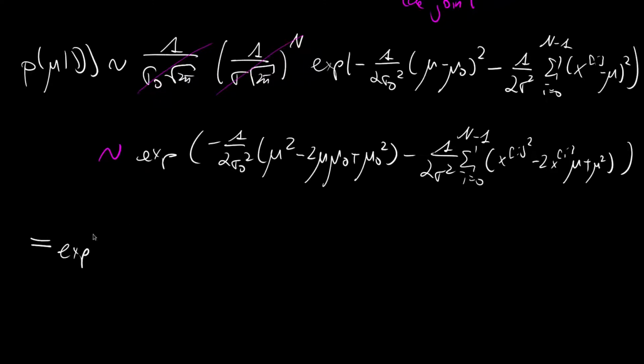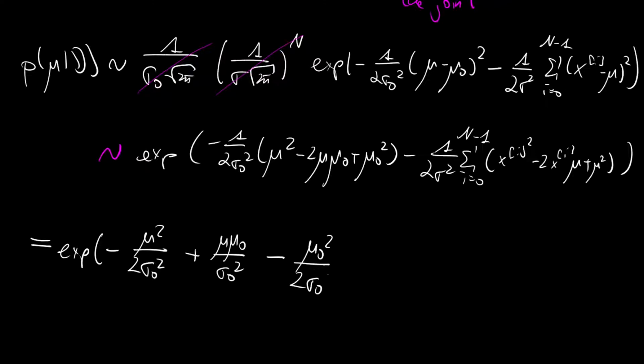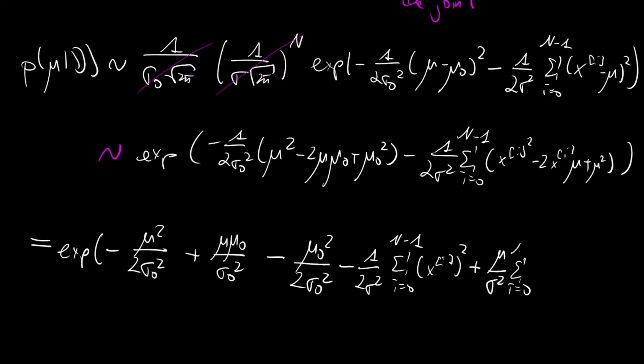So we have the exponential over minus mu squared over 2 sigma 0 squared plus mu mu 0 over sigma 0 squared minus mu 0 squared over 2 sigma 0 squared minus 1 over 2 sigma squared times the summation from i equals 0 to capital N minus 1 over xi squared plus mu over sigma squared, the 2 and the 2 cancel, times the summation from i equals 0 to capital N minus 1 over xi.